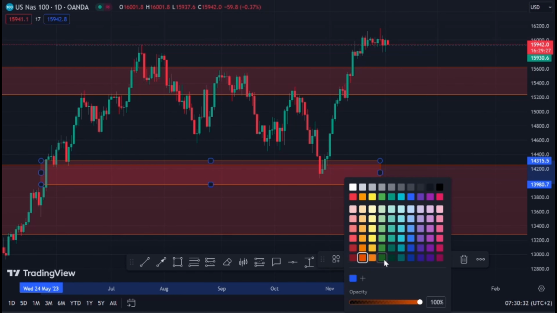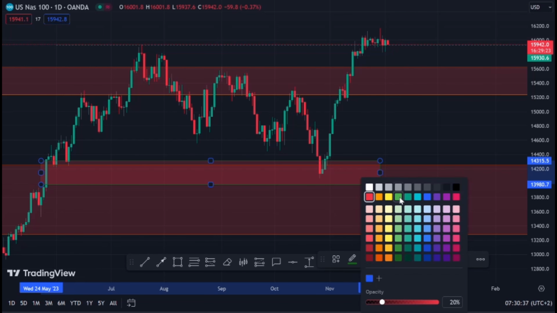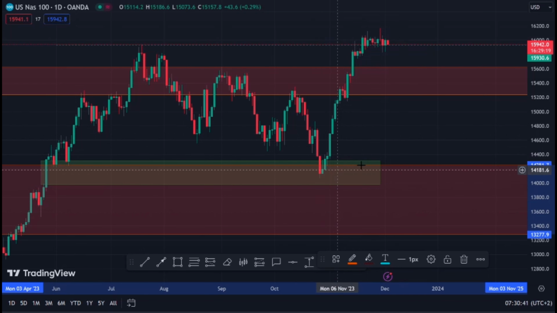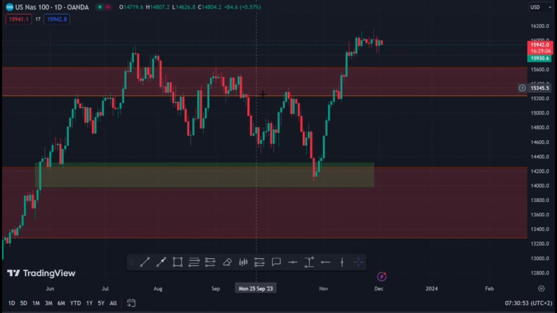Let's change its color. This green fair value gap right here, we had that. We turned at the 50% mark, called the consequent encroachment. After turning at the 50% mark, what did Nasdaq do?